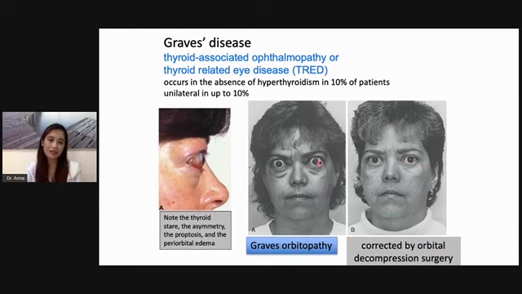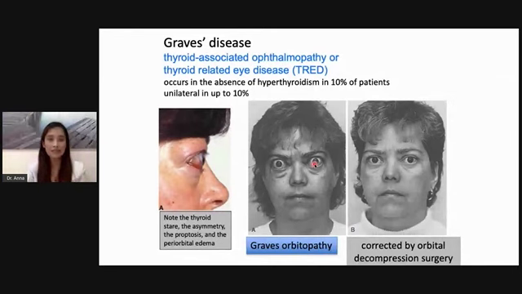So what's the danger with having exophthalmos? These patients would sometimes have difficulty closing their eyes, and this can cause excoriation, bacterial infection, very hard to treat. Aside from, of course, as I mentioned earlier, optic nerve compression.